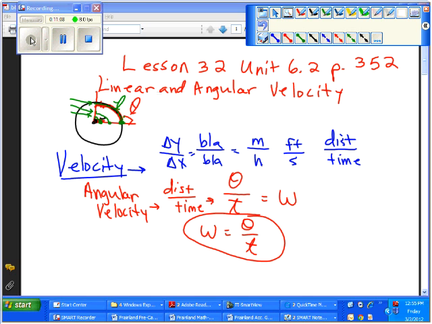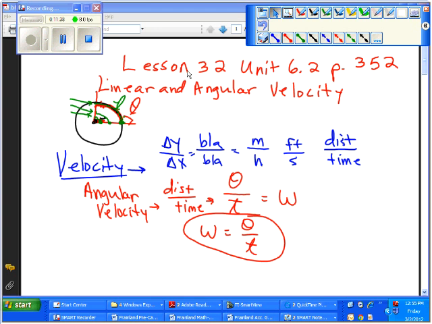Now, but the distance traveled not in radian clicks, but in inches or feet is going to be bigger as you go out. So your angular velocity is going to stay the same, but your linear velocity, we'll talk about that in a minute, is going to get bigger and bigger. Okay? All right.